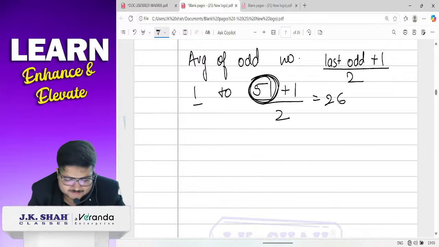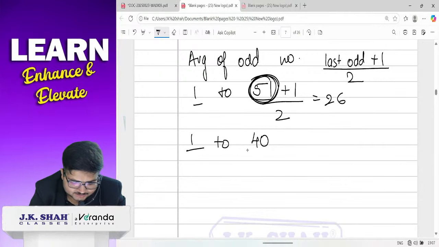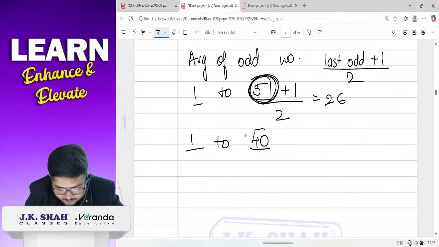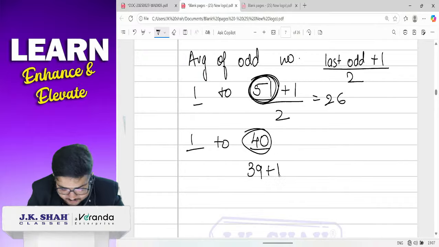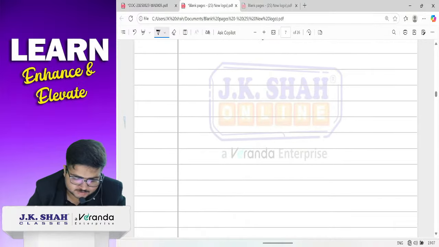That is 26. Sir, what if the question is in such a format, 1 to 40? Then you check what is the last odd number from 1 to 40. Is it 40? No, sir. The last odd number is 39. So in 39 you do plus 1 and divide by 2. That is 20. Remember, last odd number plus 1 upon 2.